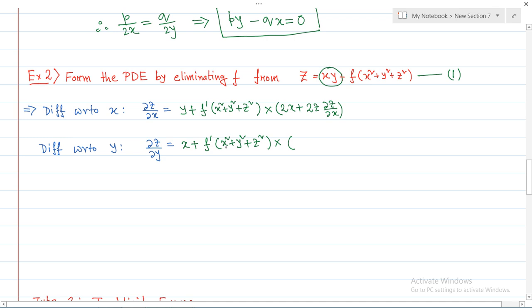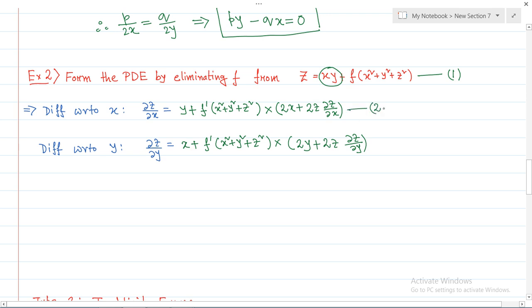X square differentiation with respect to y is 0, y square differentiation is 2y plus z square differentiation 2z del z del y, right?